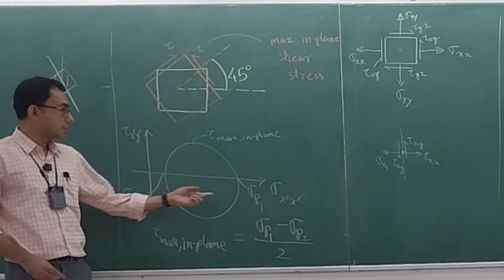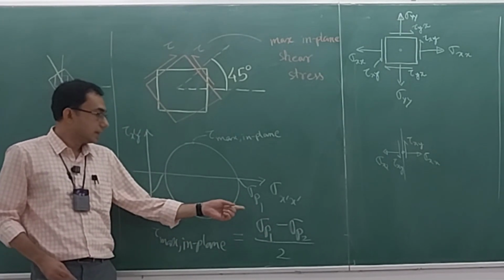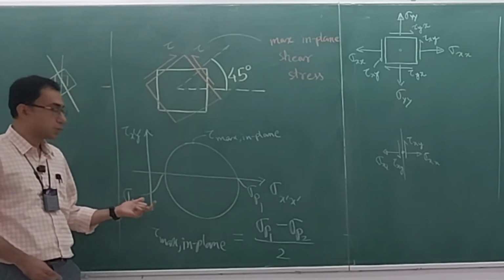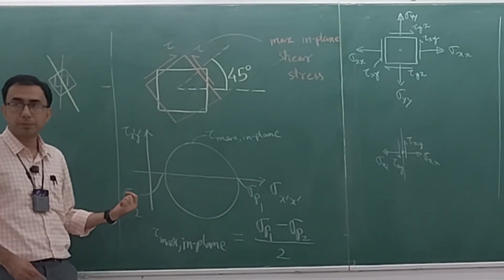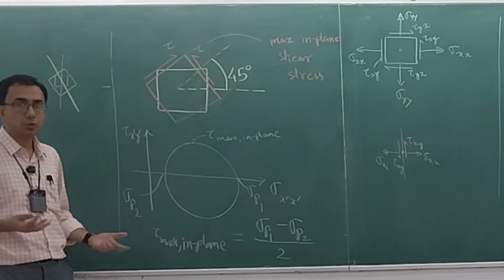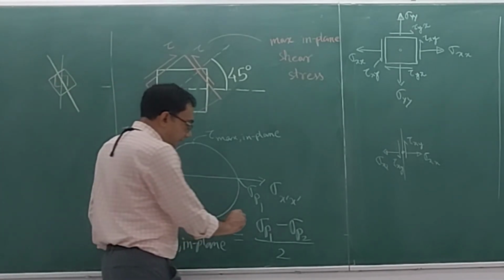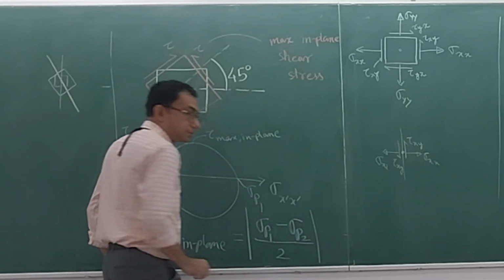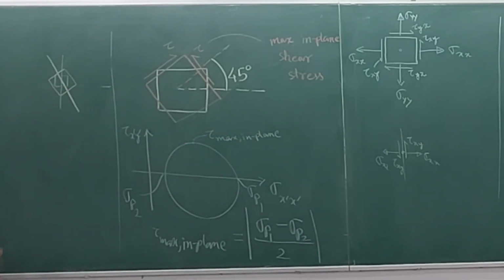Here in this diagram, because I have obviously drawn it like this and labeled it like this, you think that sigma p1 is larger than sigma p2. But when you are doing a problem, you do not know. So it's better to write this as an absolute value, because that depicts that it is actually a radius, with a positive numerical value. So, absolute value of sigma p1 minus sigma p2 by 2.